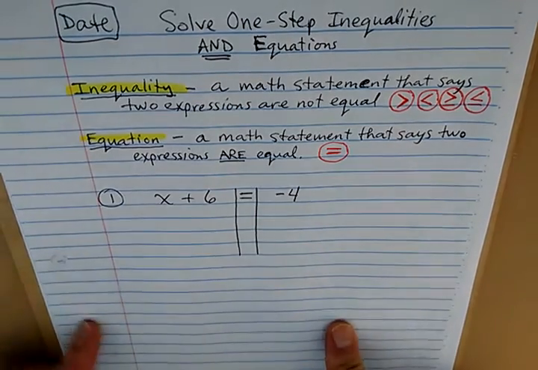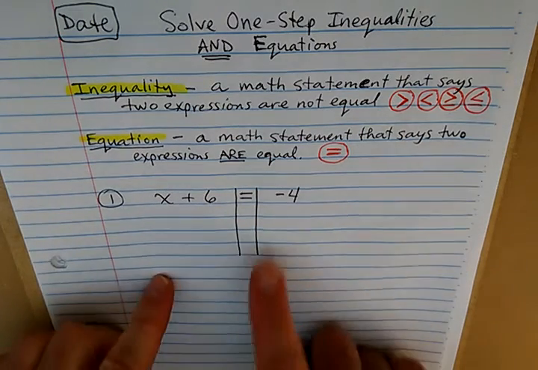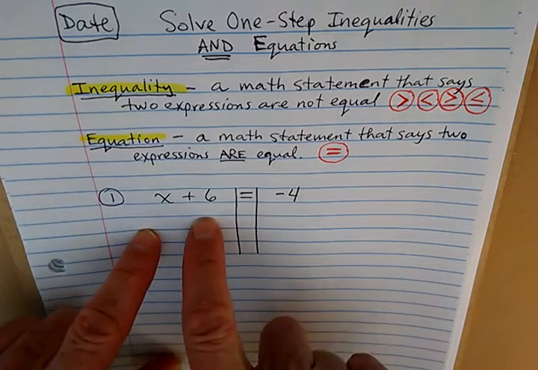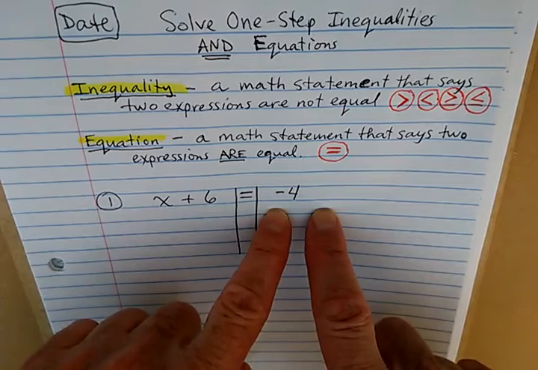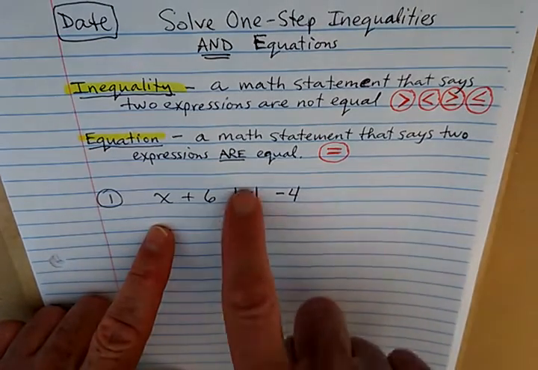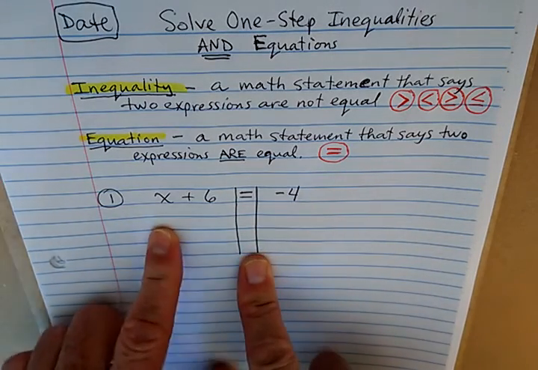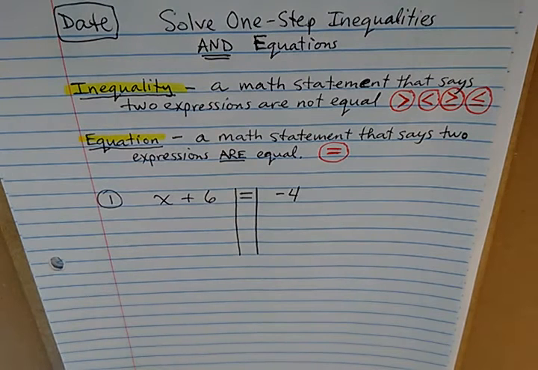The reason we do that is that it helps us remember that we're dealing with two expressions, an expression on the left and an expression on the right. The lines represent the middle where the equal sign is, between the two expressions. So we've got our train tracks.